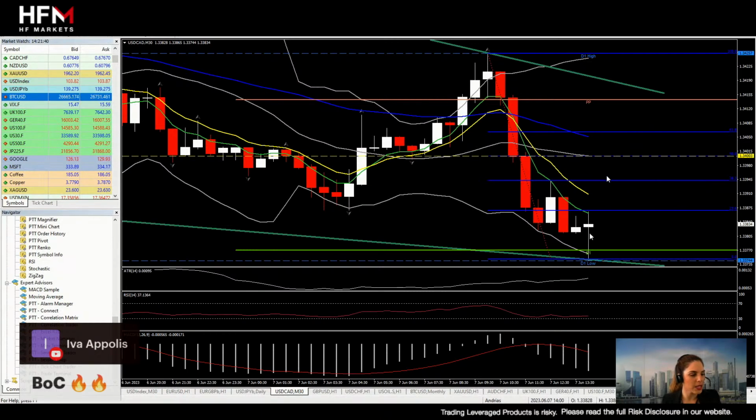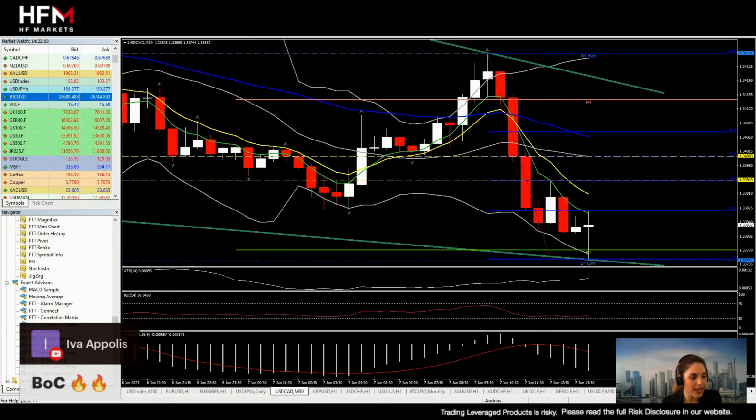If it manages to move above it, it means a retest of the week's peak. But for an even more immediate resistance area, it will be 133.95, the latest high, and also the 38.2 Fibonacci level.